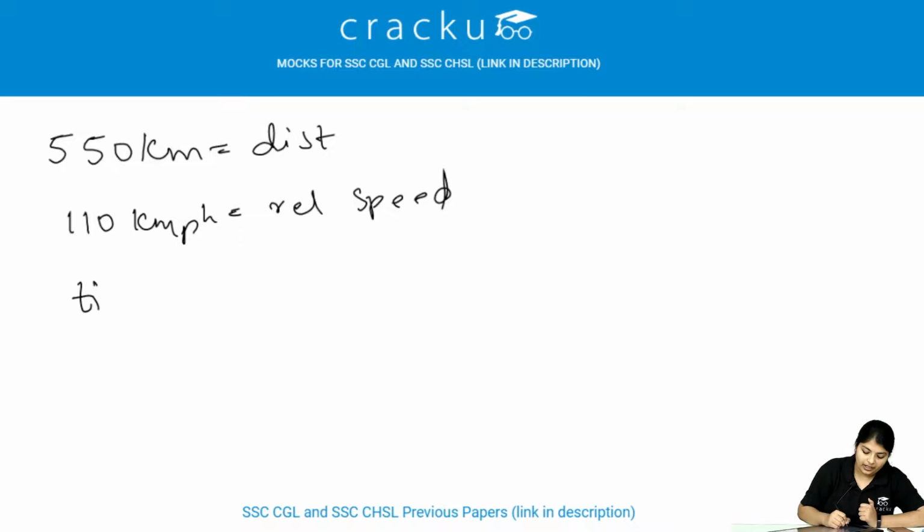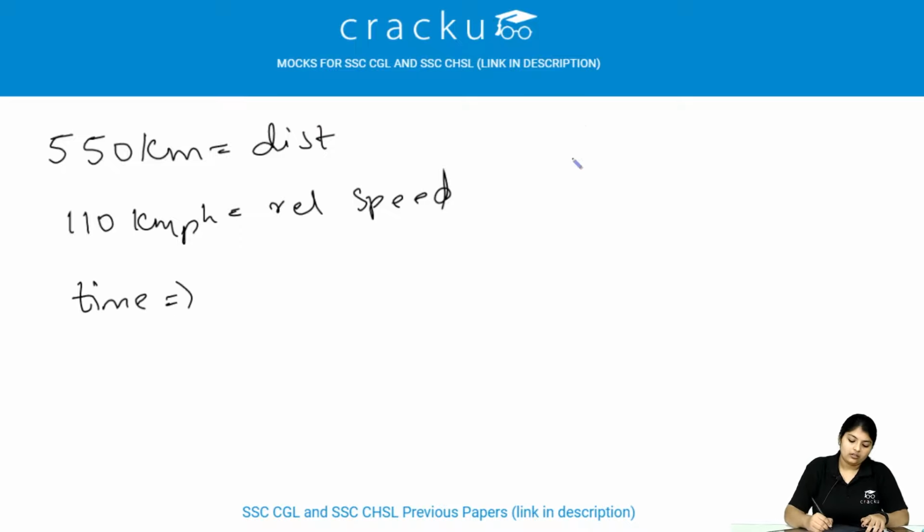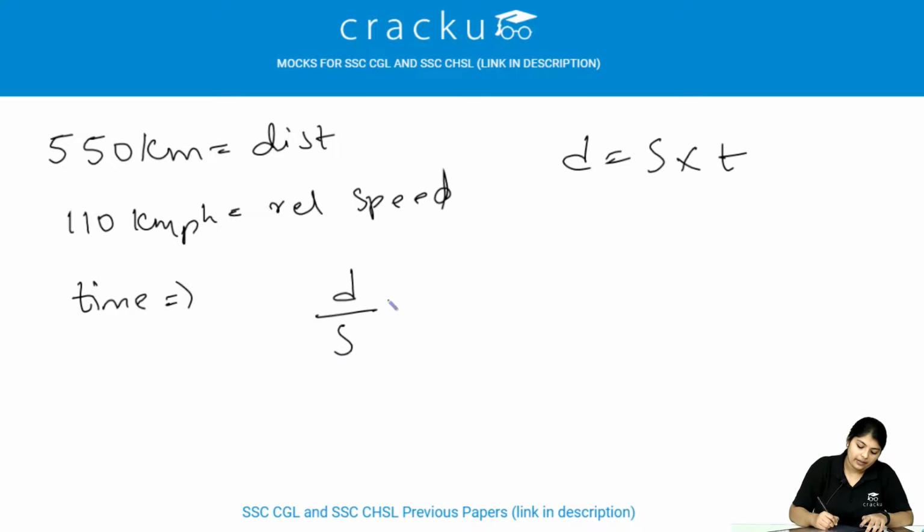So therefore the time taken is, distance is equal to speed into time. Therefore time is distance by speed, that is 550 by 110, that is 5 hours.